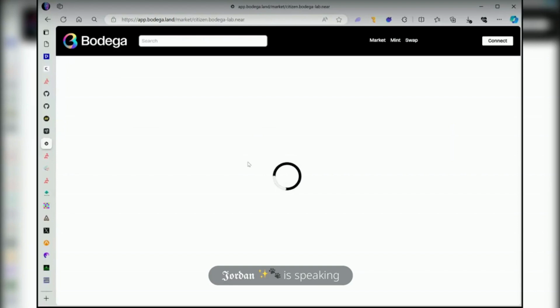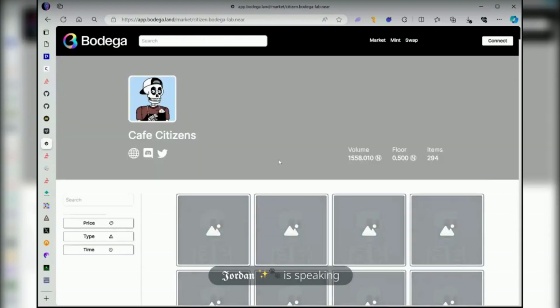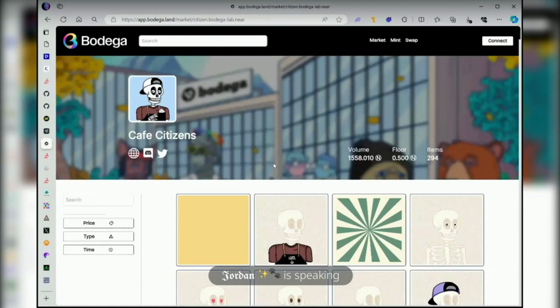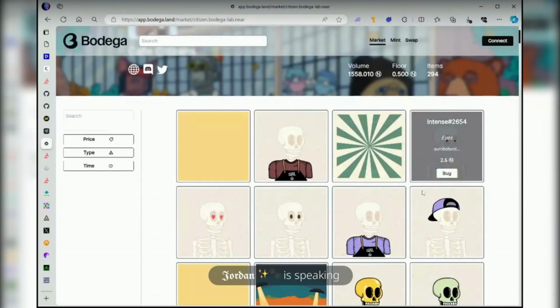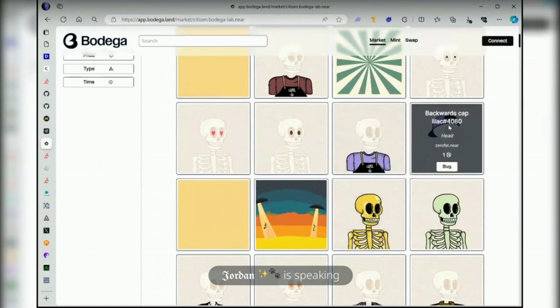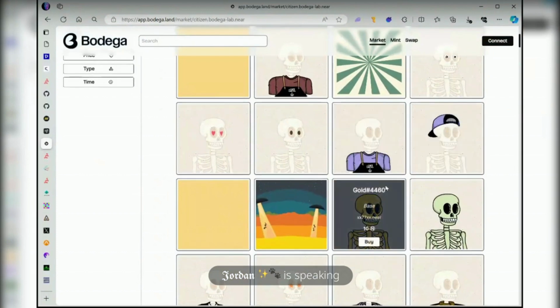The NFTs are dynamic, and you can trade assets on the NFTs, not just the whole NFT at once, but you can trade a background or the eyes or the headwear, the base colors, things like that. And dynamic NFTs are wildly unexplored. I think that they open up a lot of possibilities.